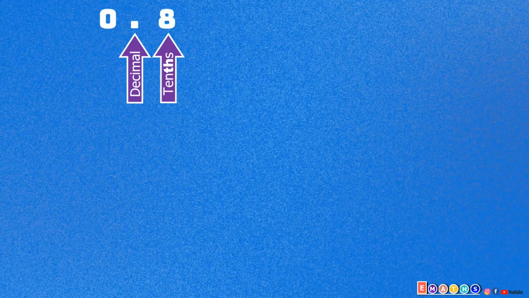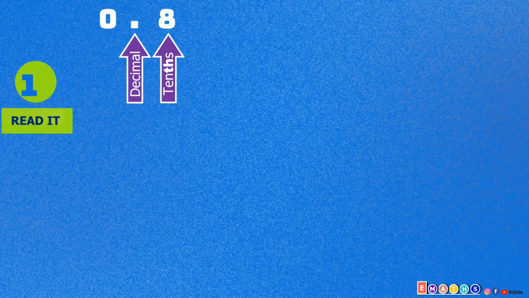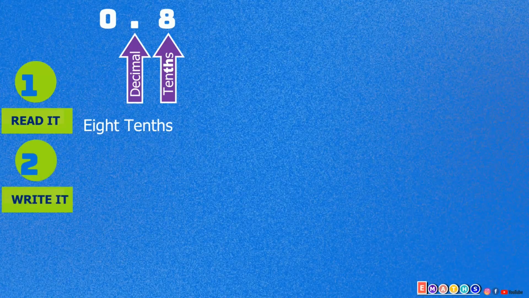Remember, the first number to the right of the decimal point is called the tenth. Read it. 8 tenths. Write it.